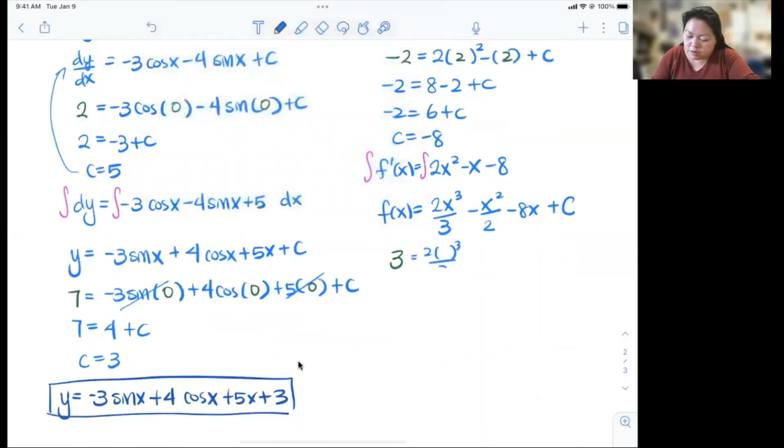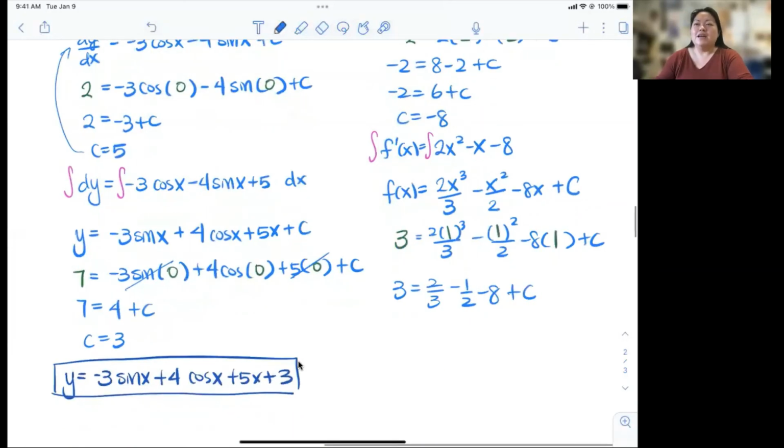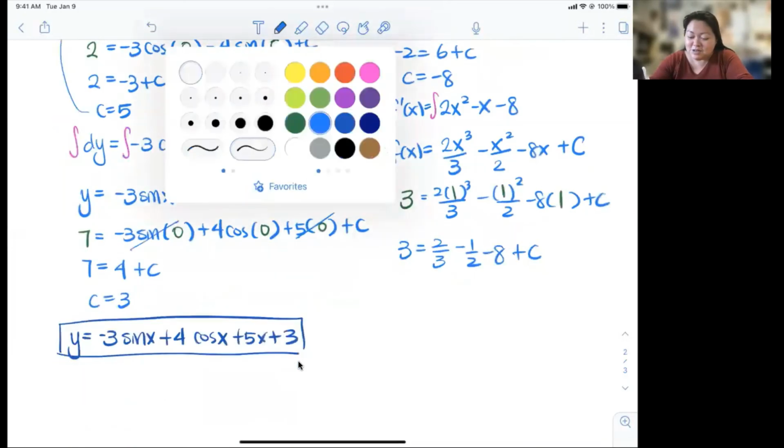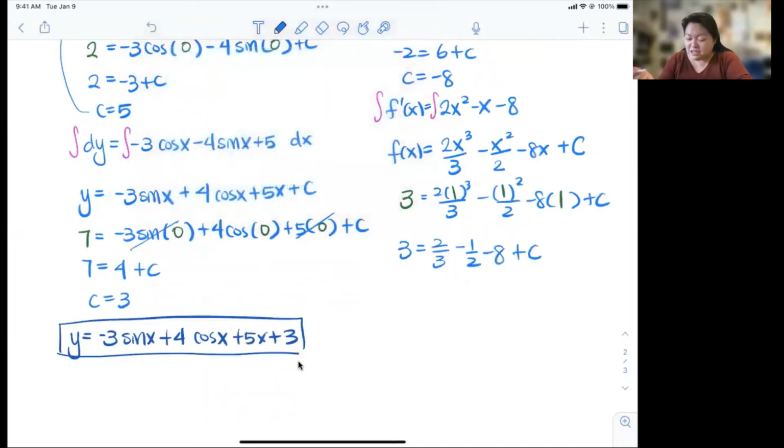So plug in the 1, 1, 1, 1. I get 3 equals 2/3 minus 1/2 minus 8 plus c. All right, so this requires a little bit of finessing because you're trying to figure out all these fractions, right?